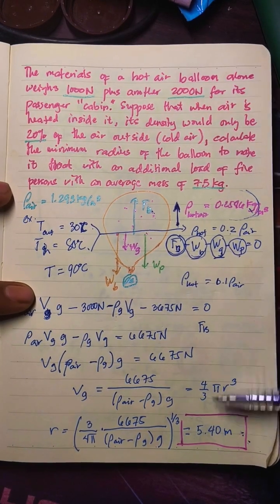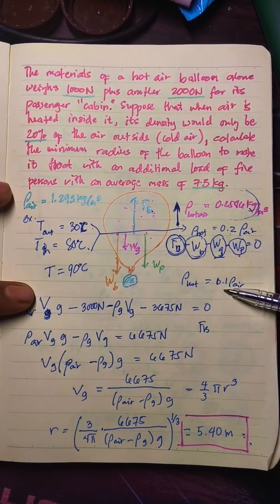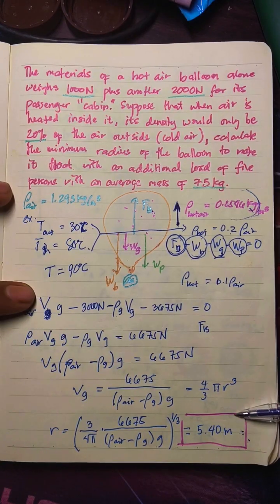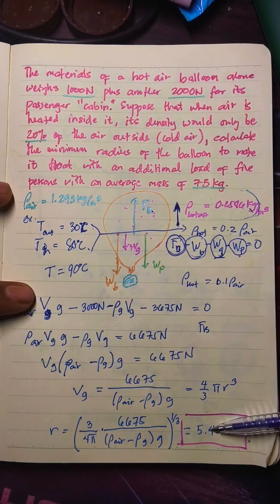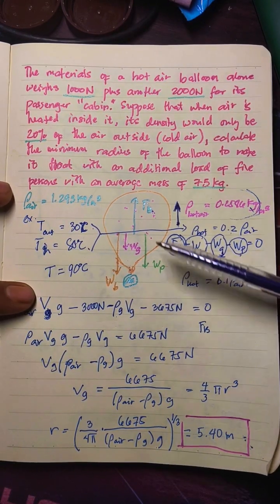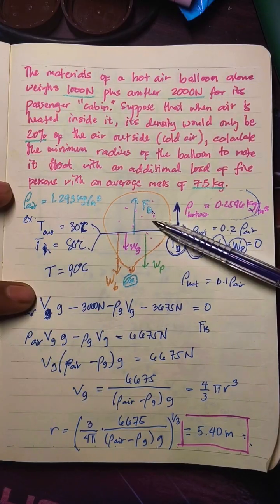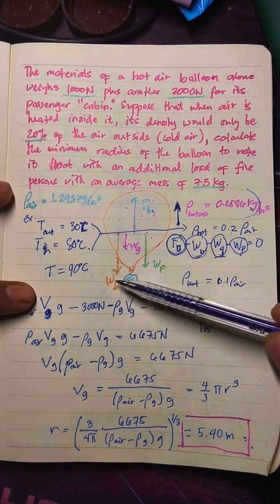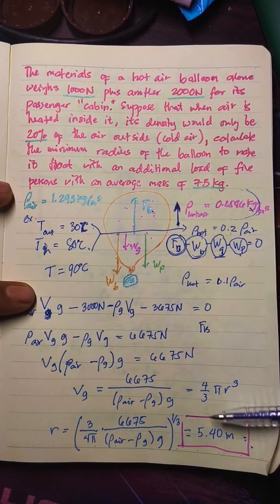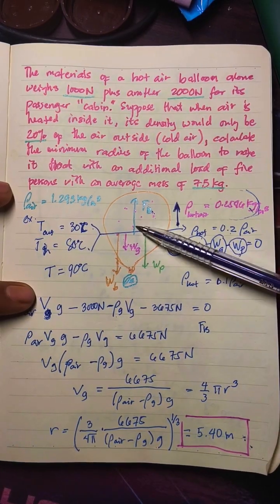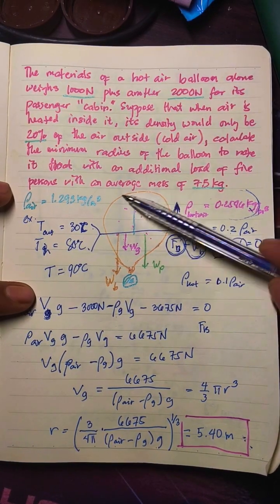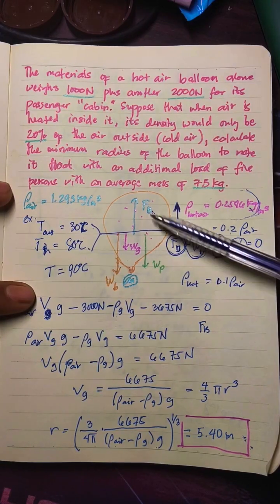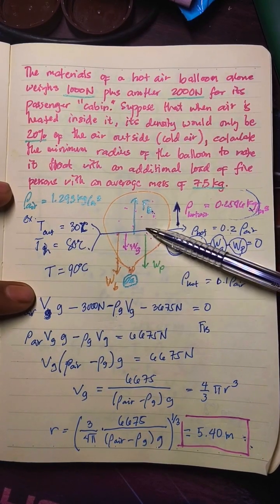Notice that in our solution, this is just the minimum required radius to give us a buoyant force that is just about to counter these three weights, meaning that having this radius, our buoyant force is just enough to counter the weight of this. It will not go up and it will also not go down.